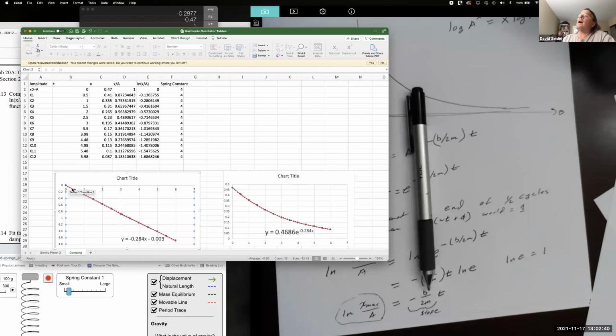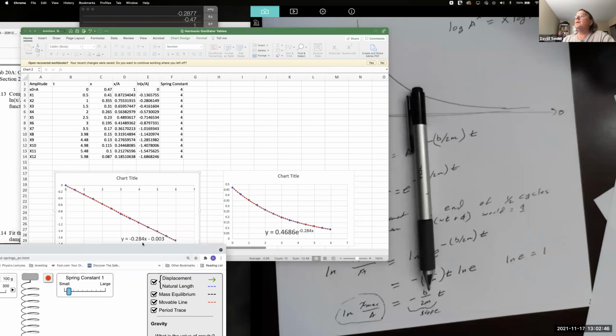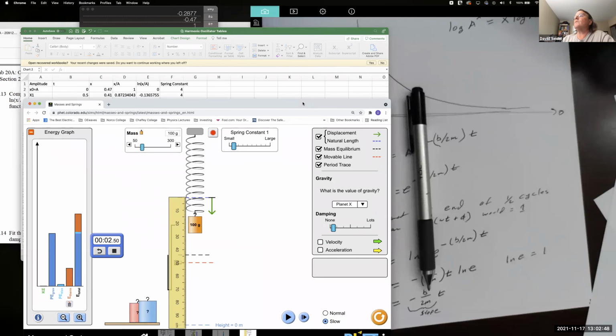And here's a plot of ln of x over a versus time. I did this with a spring, and I did when I was doing this data here. This was position 2, which is spring constant 4, using 100-gram mass. Okay.